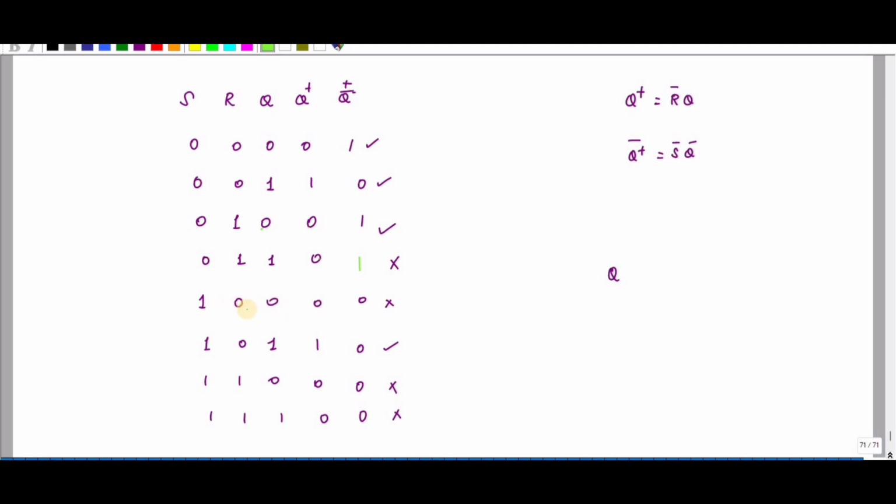So for 10, for 100, for 100 S bar is 0, so Q plus is 0, and for Q plus it is 1 into 0, that also goes to 0. Okay.